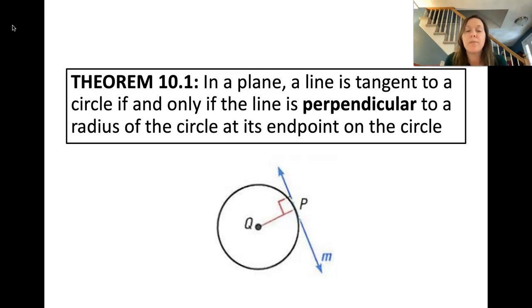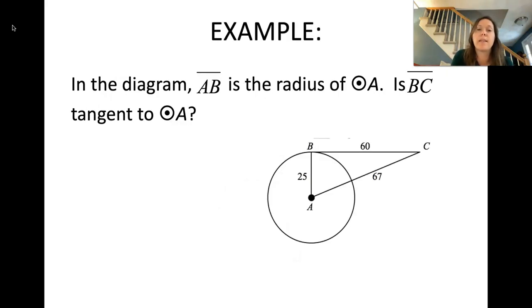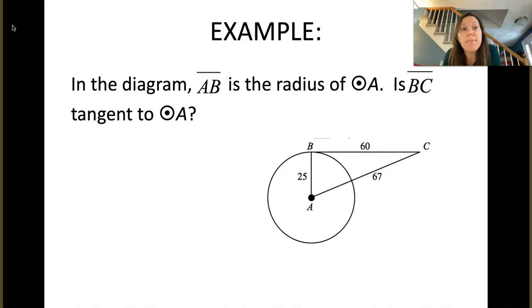The red line from Q to P is the radius. And if that radius is perpendicular, because of that little square in there, to a line that's outside, then that has to be a tangent line. So that's how we determine whether a line is tangent or not: if it is perpendicular to the radius. So we've got right triangles coming back into our life.